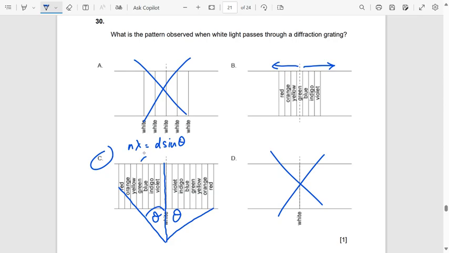So lambda is proportional to theta. So as theta increases on either side, we're going from violet to red. So you're going to have red at the largest theta, red at the largest theta here. And that, it's C. And that is that. Very well done.